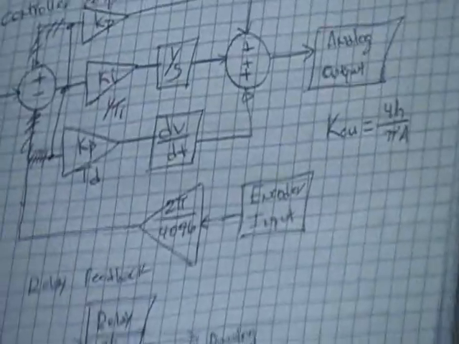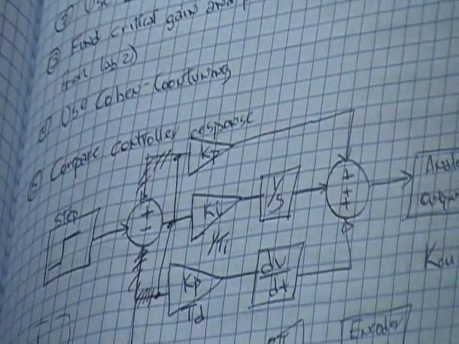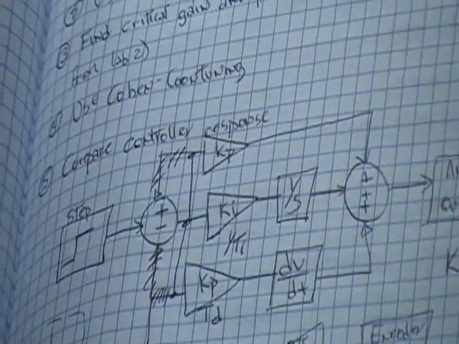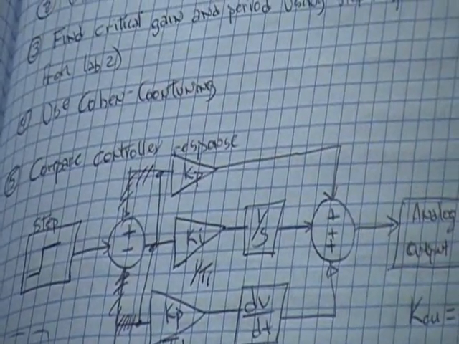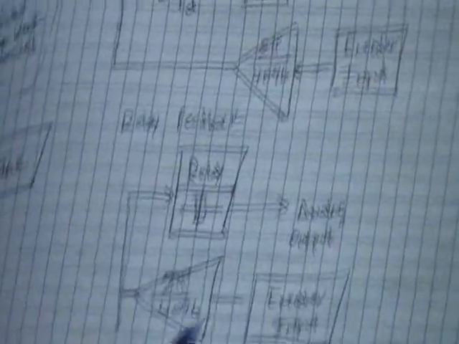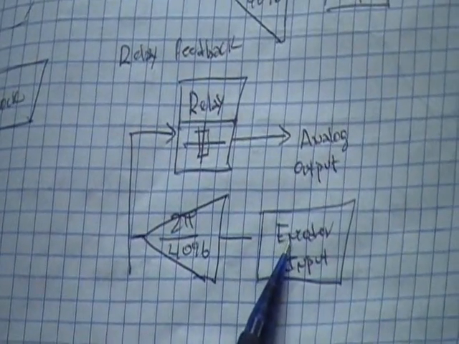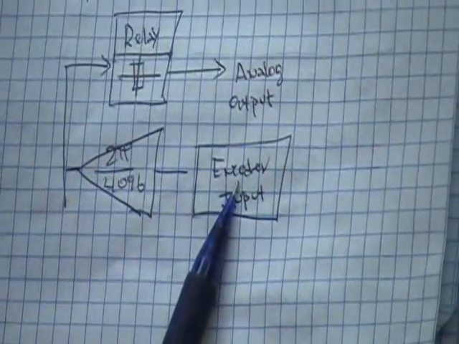Okay. Now the question is, how do we get the numbers Kp, Ki, and Kd? There are ways to do it. The first one we see is Ziegler-Nichols auto tuning. For that, we have to make this block diagram here. This is going to be the motor input from your encoder.